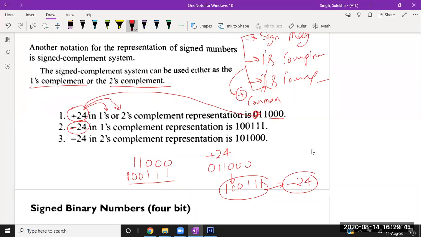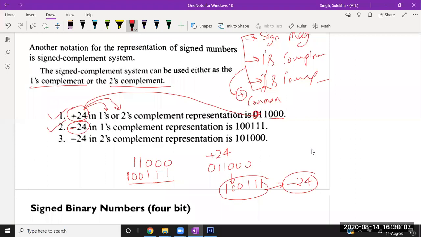So this is what happens in ones complement representation of signed numbers. Are the first point and second point clear to you? If it is clear, write yes in the chat box. Or if you have any question, you can ask by unmuting yourself.